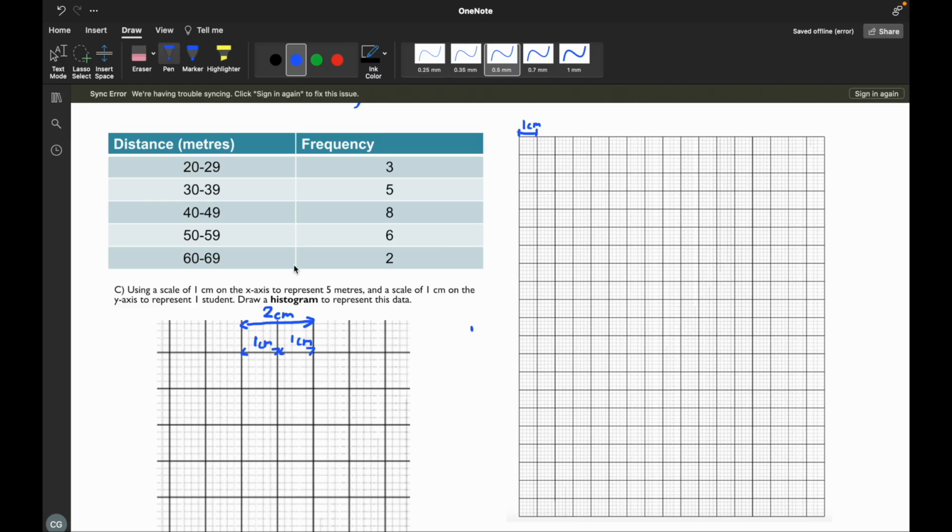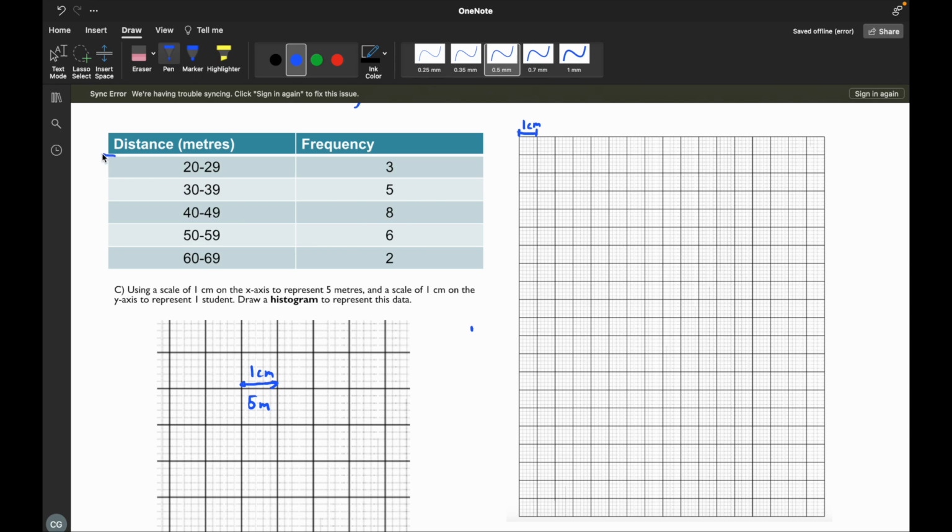Okay, good. Now, what this scale is telling me is if I have to draw something on the x-axis using a scale of 1 centimeter on the x-axis to represent 5 meters, that's telling me that from this point here to this point is 1 centimeter, yes, but represents 5 meters. So what does that mean? That means if I have 20 to 29, first I have to find my lower boundary.